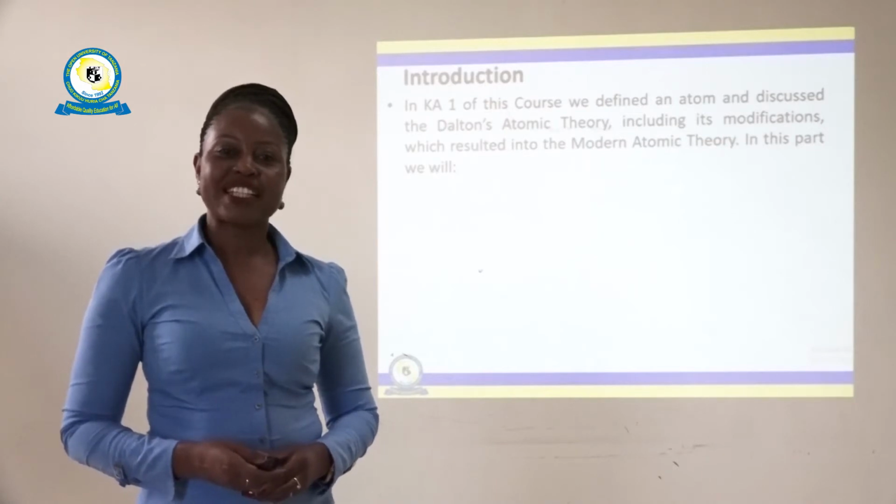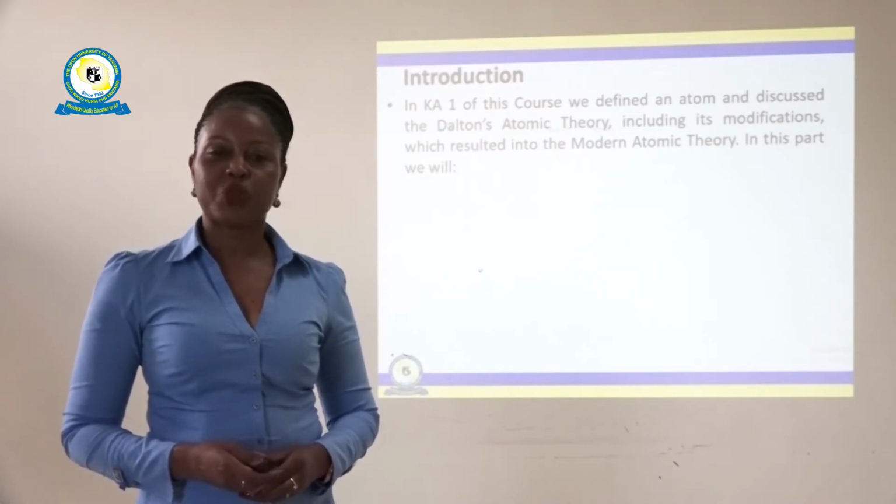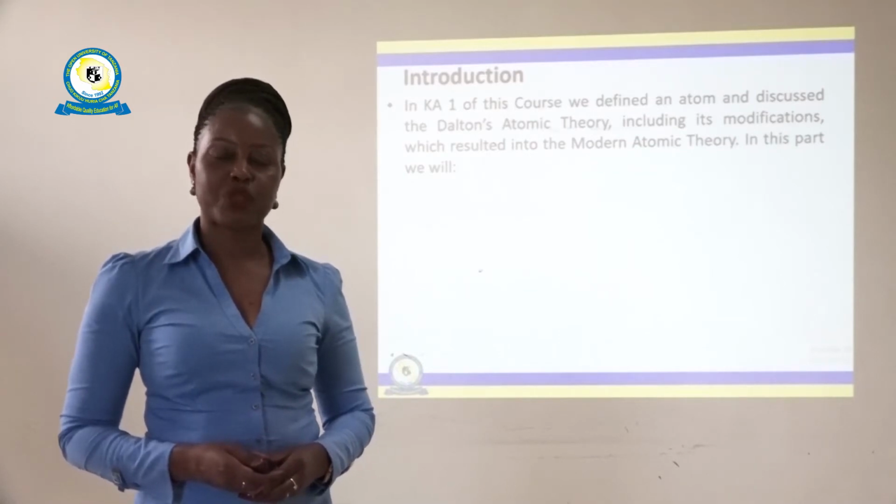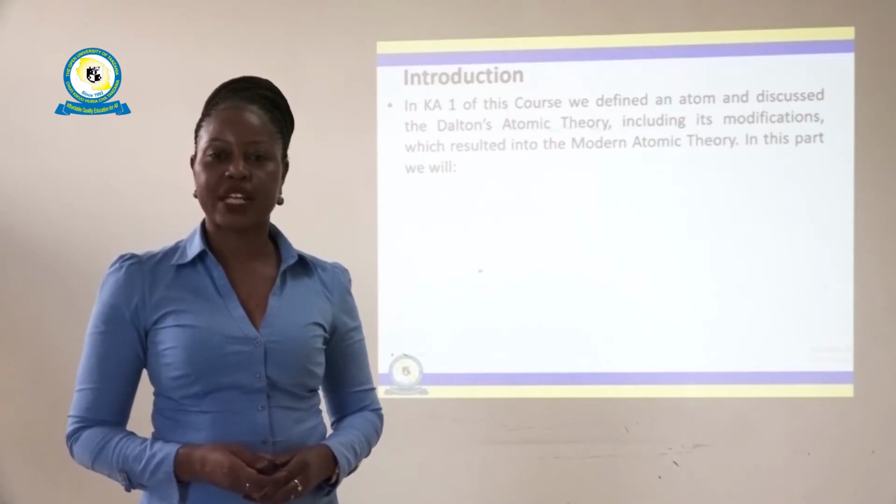You will recall that in the first knowledge area of this course, we defined an atom and we discussed the atomic theory, including its modification that resulted into the modern atomic theory.